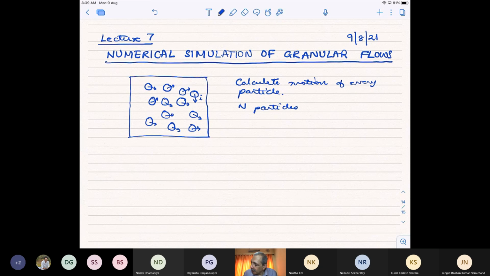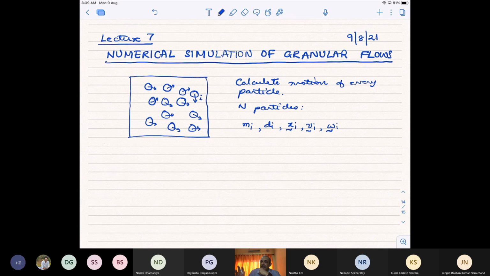So then for every particle you will have a mass mi, a diameter di, a position xi, a velocity vi, but we'll also have an angular velocity omega i.